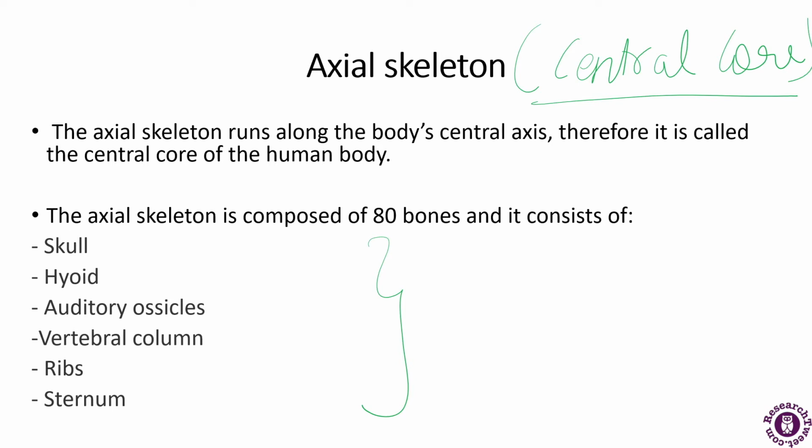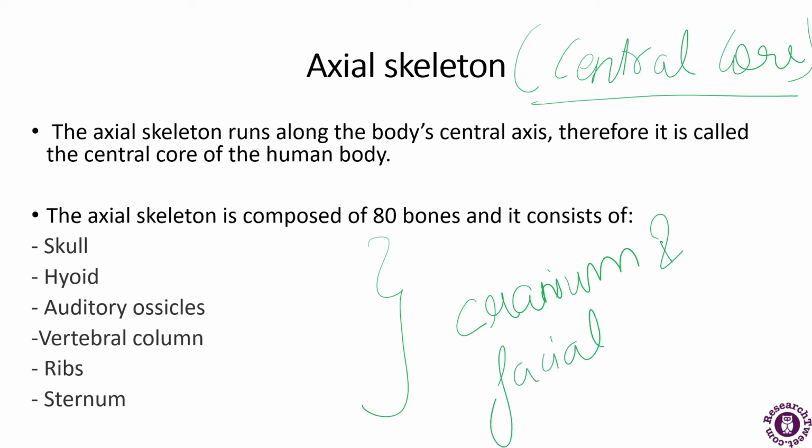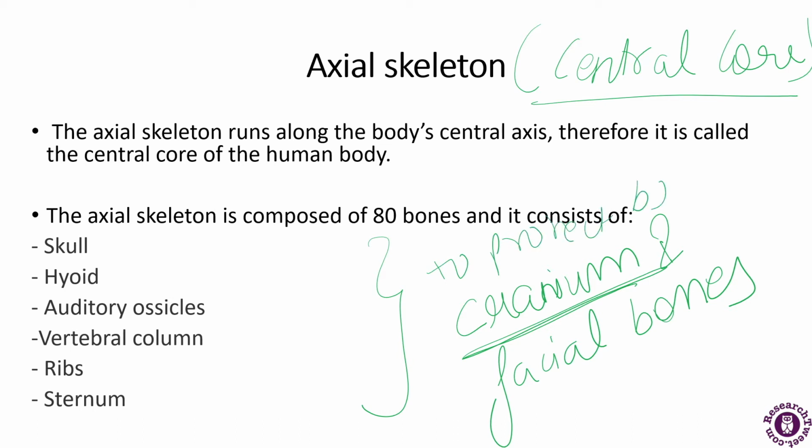First I will talk about the skull. The skull consists of the cranium and facial bones. Now, what is the function of the cranium? The function of the cranium is to protect the brain.